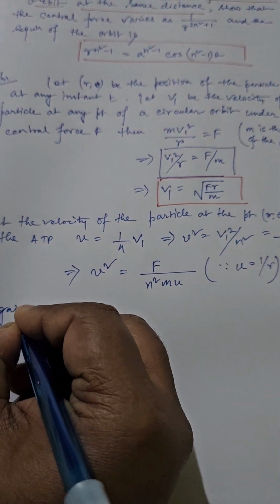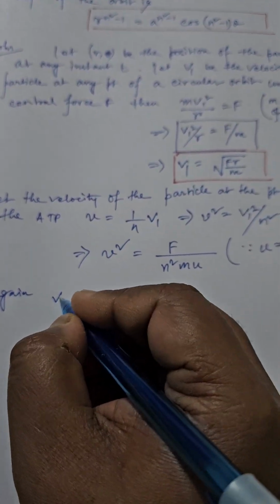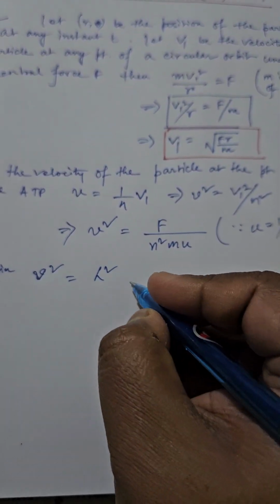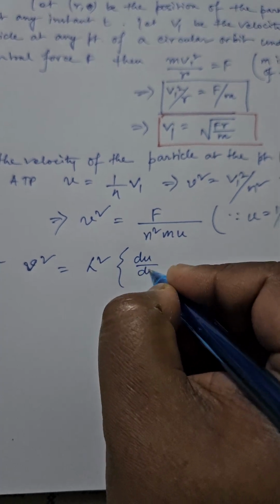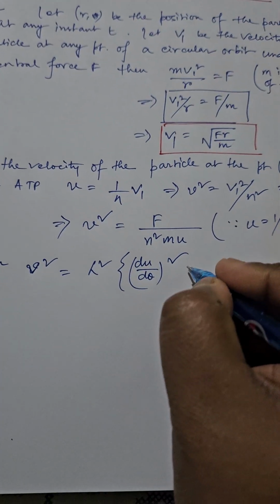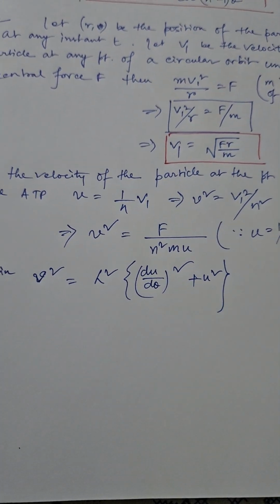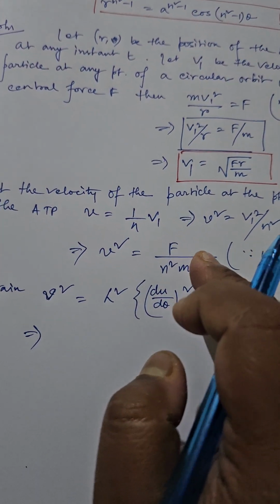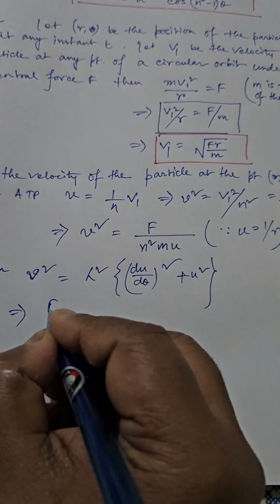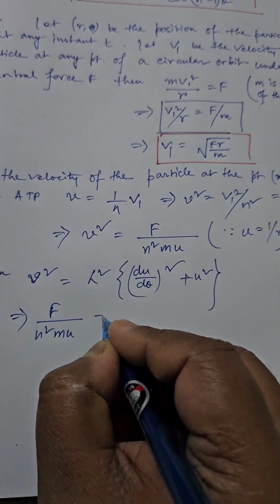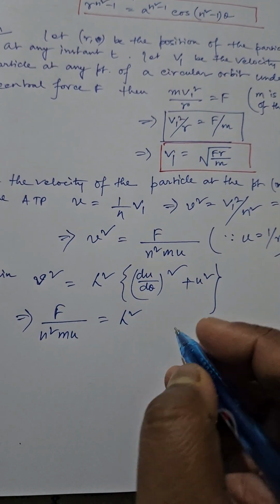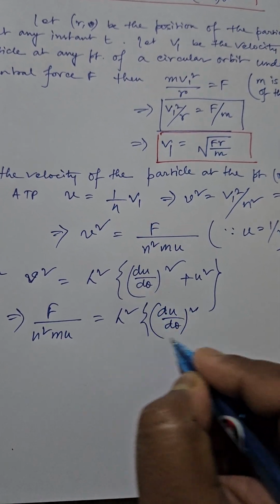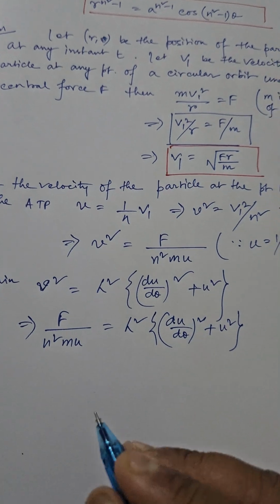Again we have v square equals h square within bracket du d theta whole square plus u square. This is again another standard relation, I hope you remember. So v square is equal to F by n square m u. So F by n square m u equals h square multiplied by du d theta whole square plus u square.